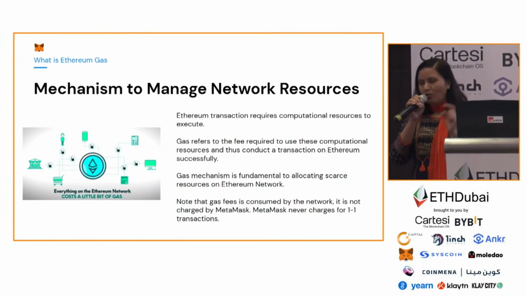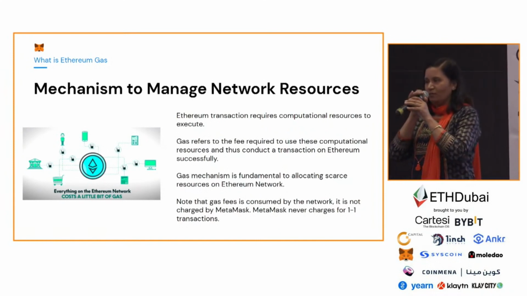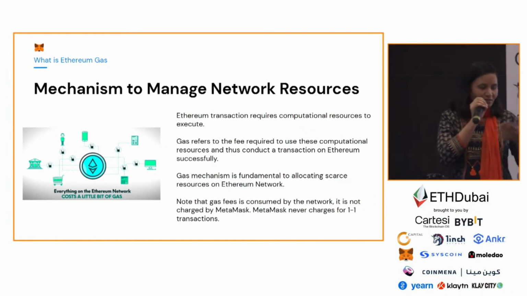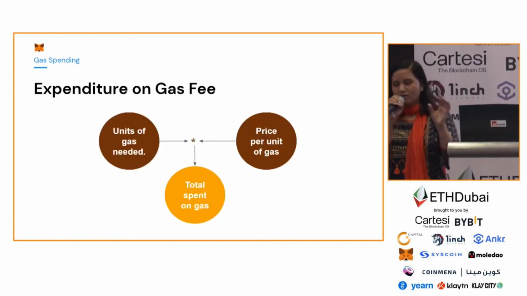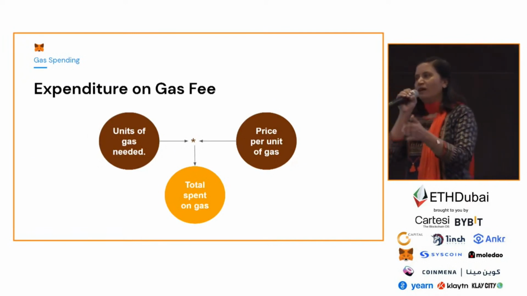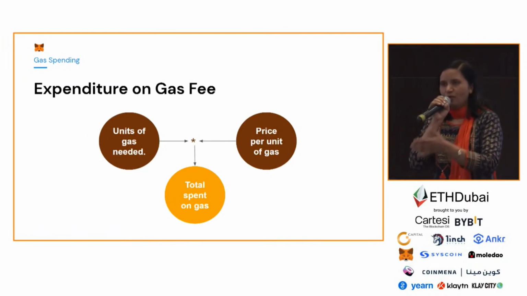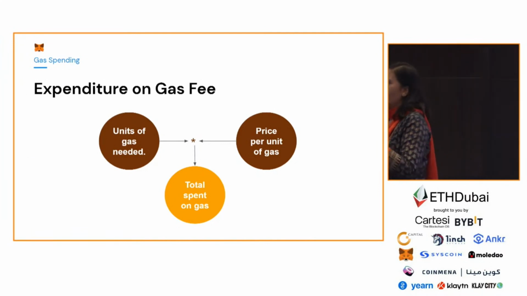So how would you calculate the total amount of gas your transaction is going to need? It's again an analogy to the fuel situation. The units of gas your transaction needs multiplied by the price per unit of gas. Consider how much money you're going to spend to refuel your vehicle.